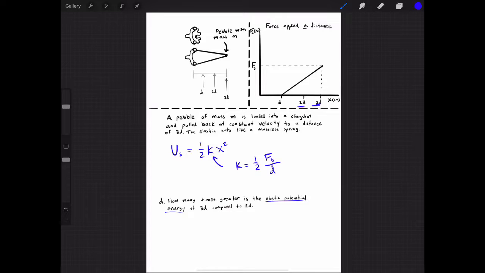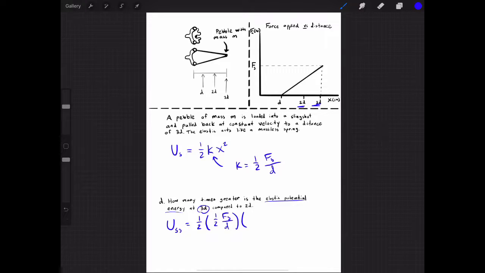Okay, so let's look at the case of 3D when it's stretched all the way to its max. What is the potential energy? So U spring, and I'm going to do a little 3 to signify that it's the case where it's stretched to 3D, is equal to 1/2 times K, which is 1/2 F3 over D, times our x squared.